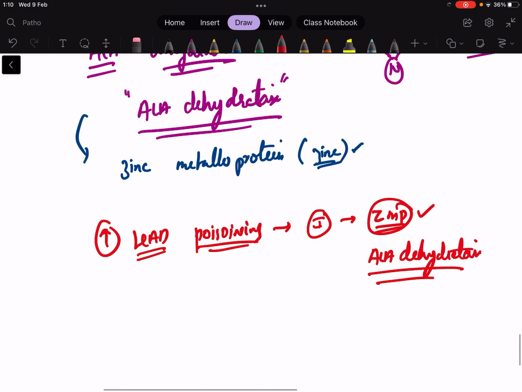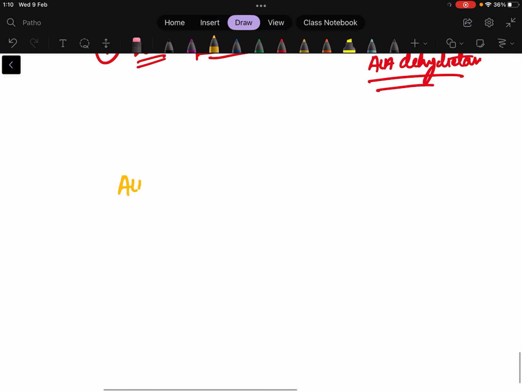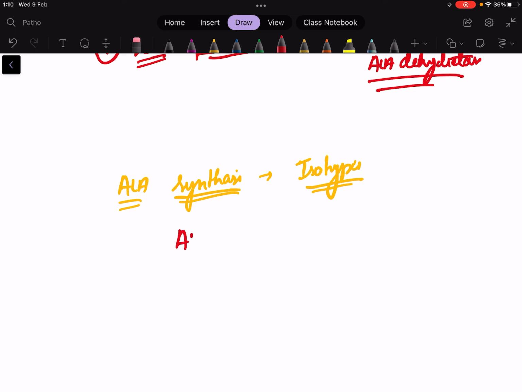Okay, so not only that, I would like to say that ALA synthase, there are mainly two isotypes in your body, ALAS1 and ALAS2. ALAS1 is ubiquitous. It means it is present in all your cells, but ALAS2 is mainly seen in erythroid precursor cells.